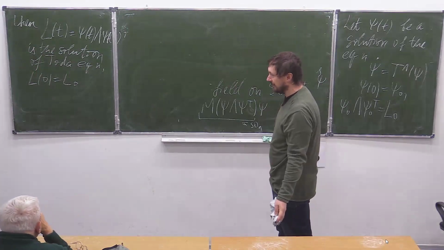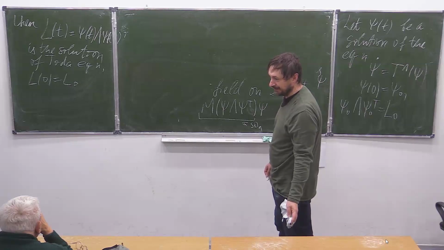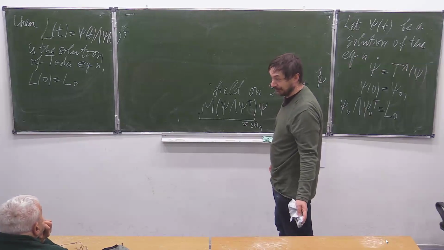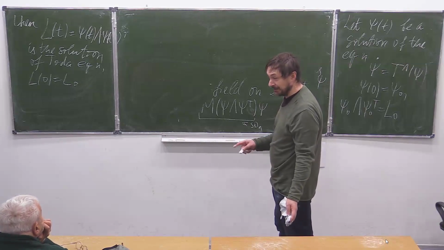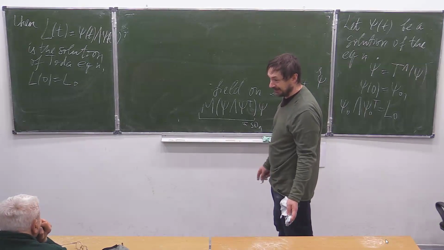It's very easy: take the trajectory of the Toda system, take its initial point, and diagonalize it, which is always possible. Sometimes it's not unique, that's the only problem, but in that case you can choose any solution of this diagonalization problem.